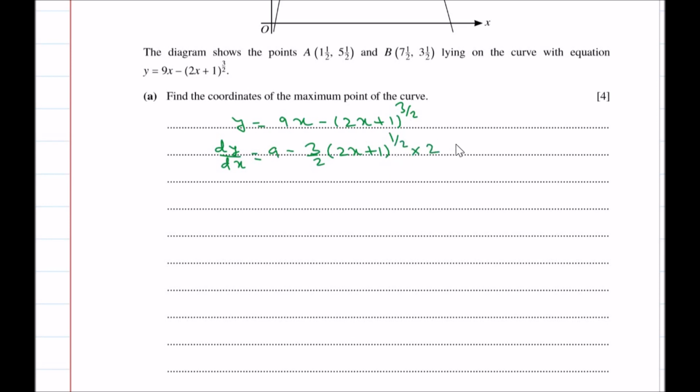And if you simplify, we get 9 minus 3 times 2x plus 1 to the power half. So differentiation done. Now we need to set this equal to 0 for stationary point or maximum or minimum point, right?